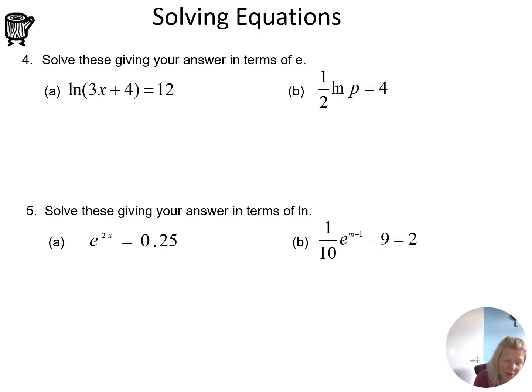Right, 2 more questions, getting a bit harder perhaps. It says solve these and give the answer in terms of E. So what we need to do to get rid of an ln is to E both sides.